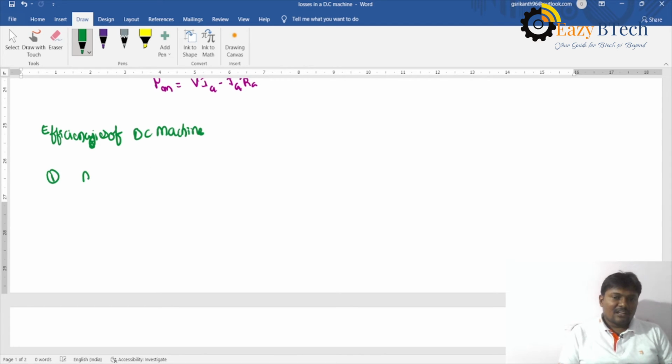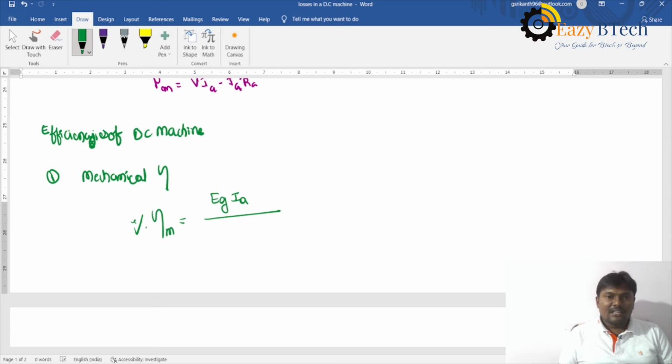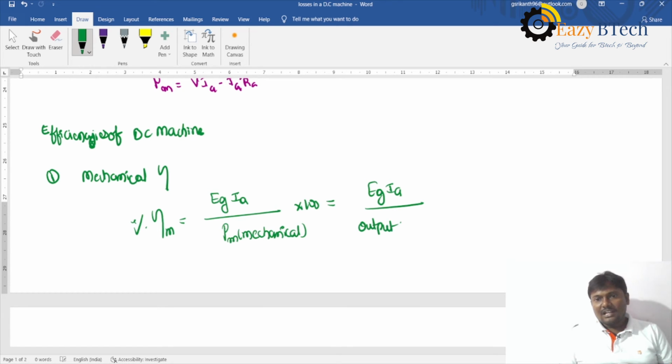The first one is mechanical efficiency. Mechanical efficiency is equal to the output power, which is electrical power, divided by the input, which is mechanical, multiplied by 100. So it is Eg into Ia divided by the output of the driving machine, multiplied by 100.